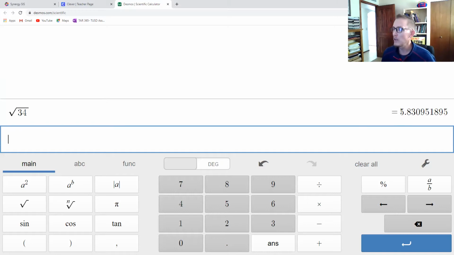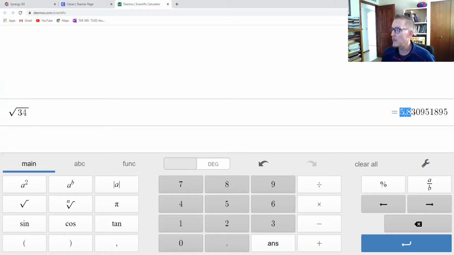So if I look at my 5.83, to round to the first decimal place, I go out to the second one, which is 3. That 3 tells me that my 5.8 will stay at 5.8. Remember your rounding rules from earlier grades: if it's a 5 or higher, it would round up. So we're going to get 5.8 for our answer.